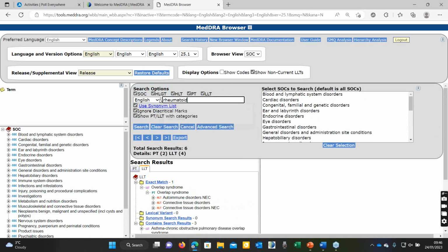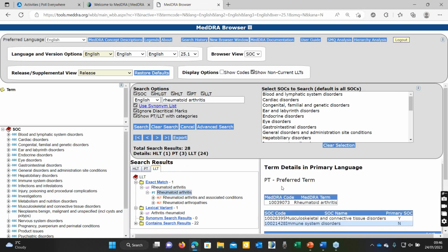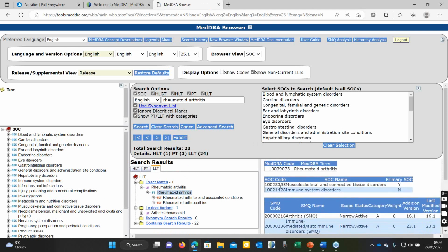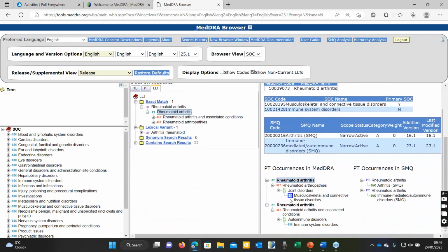So we all know that rheumatoid arthritis will be in MedDRA. Let's have a look. There's our rheumatoid arthritis. Of course, there it is, rheumatoid arthritis as an exact match. That we can see is, again, an autoimmune link there with that one. Musculoskeletal, but a link to the immune system.